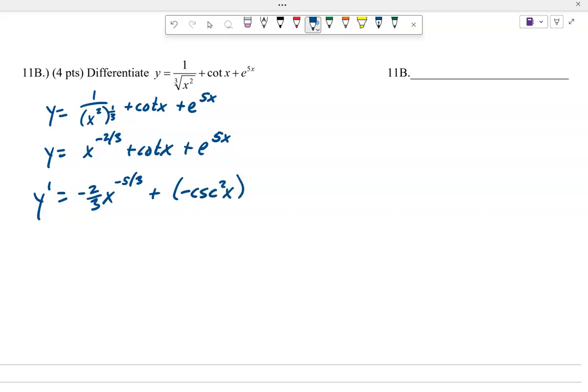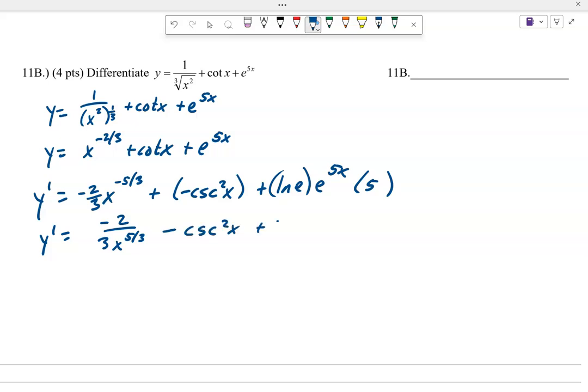If you want to look at your formula sheet, the derivative of e to the 5x is ln of e, which is just 1, times e to the 5x, chain rule on that, derivative of 5x, which is just 5. So we got y prime equals negative 2 over 3x to the positive 5/3, minus cosecant squared, plus 5e to the 5x.